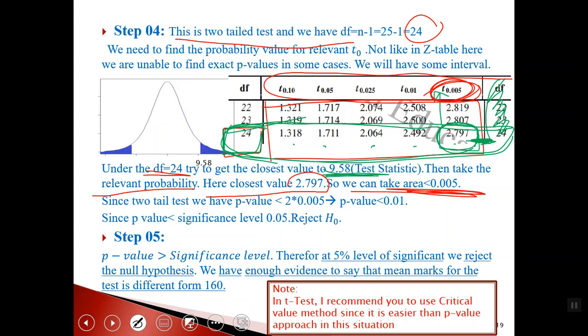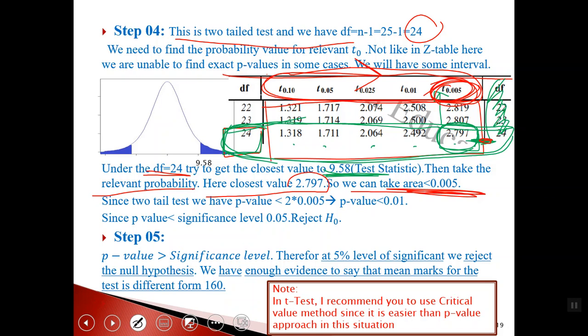When you consider these probability values from left to right, the values are decreasing: 0.1, 0.05, 0.025. So the area or probability value belonging to 9.58 is definitely less than 0.005, somewhere on the right side, somewhere here.